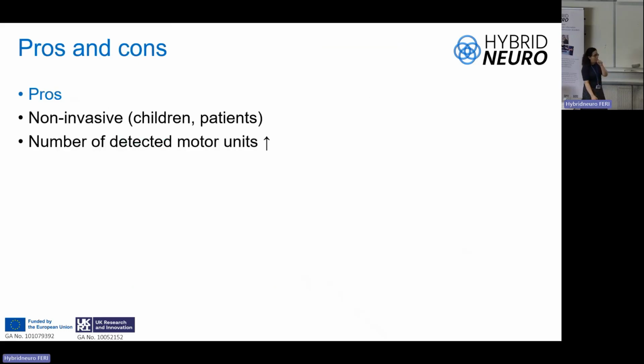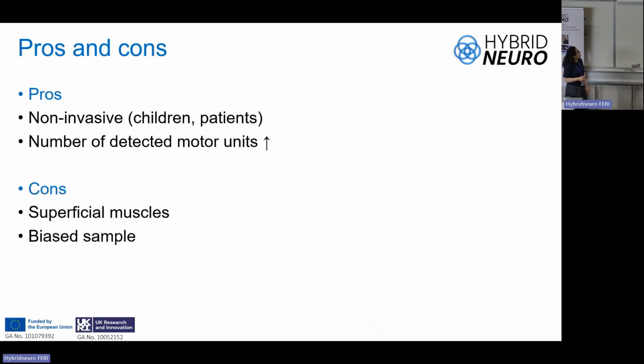I will be very brief on that because you have heard a lot in the past days. This technology has pros and cons. The advantage is that it's not invasive, so you can use it with children, patients, and people who are afraid of needles. Another advantage is that you can detect many more motor units compared to intramuscular EMG.